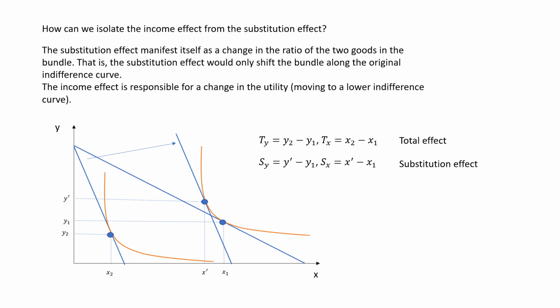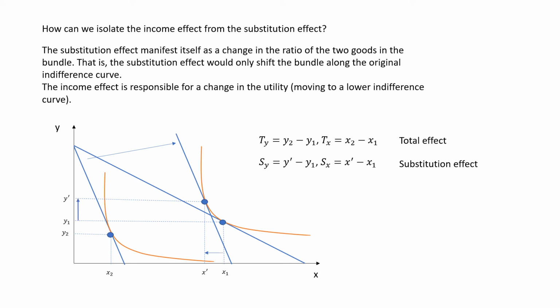When you look at the optimal choice at this theoretical point, you can see that the new bundle is going to be y prime and x prime. So using our ideas about the substitution effect, y prime minus y1 and x prime minus x1 should be the substitution effect.